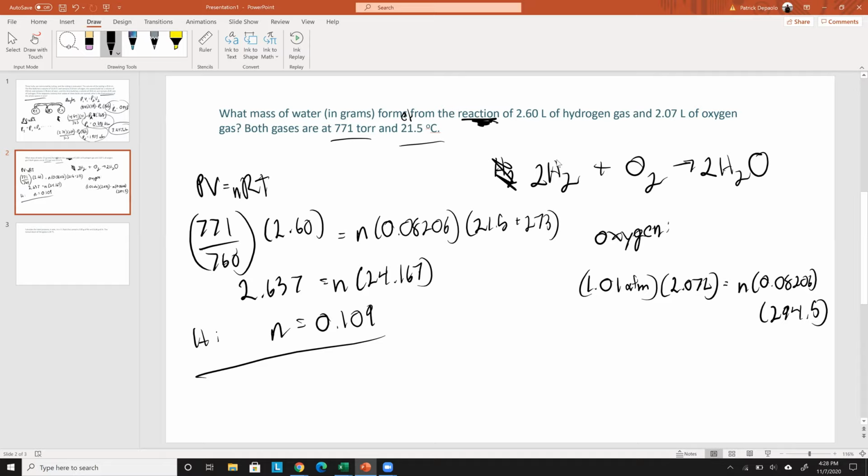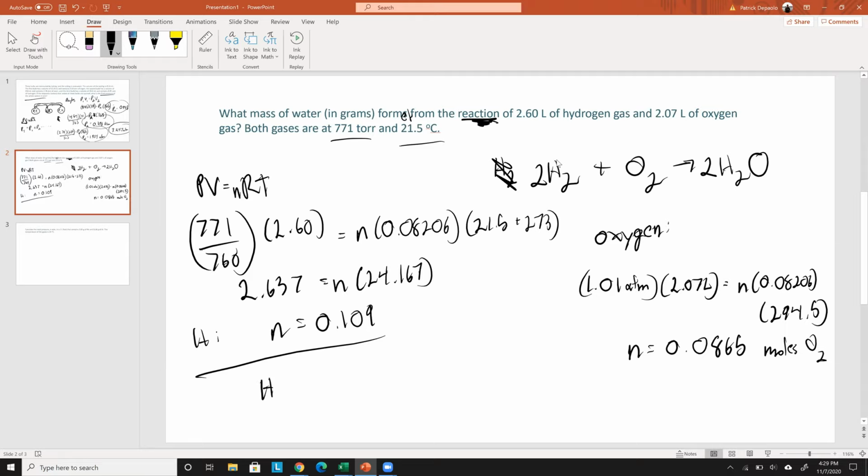And once we do that, then we can see our molar quantities. And I end up with N equals 0.0865 moles of O2. Okay, let's see how many moles are made of the product to see which one's limiting.